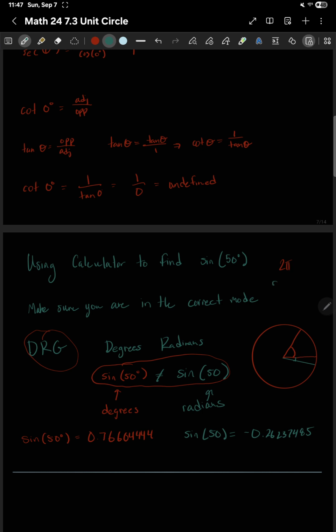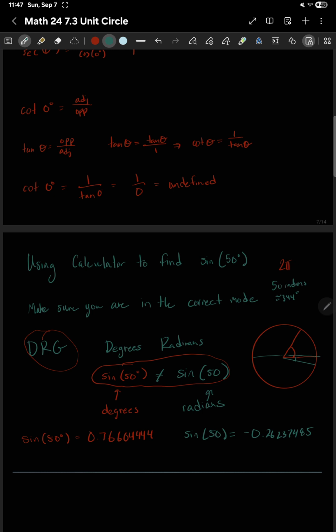So 50 radians has the same reference angle as 344 something. It's not exactly 344 degrees, which puts us on the other side of the x-axis. So clearly not the same angle. That's really what I want you to take away from it.